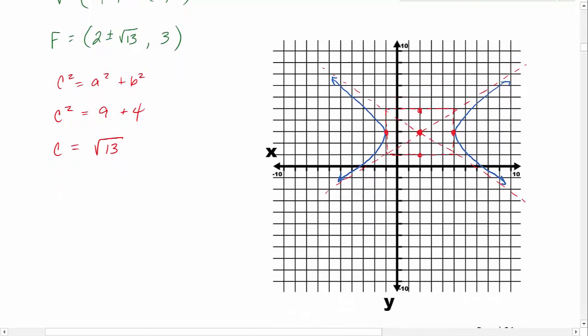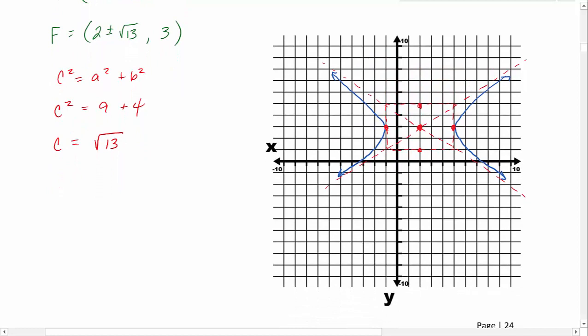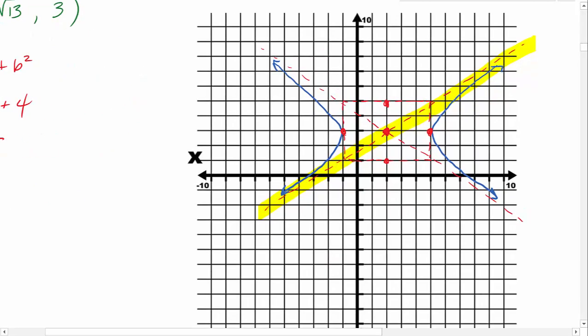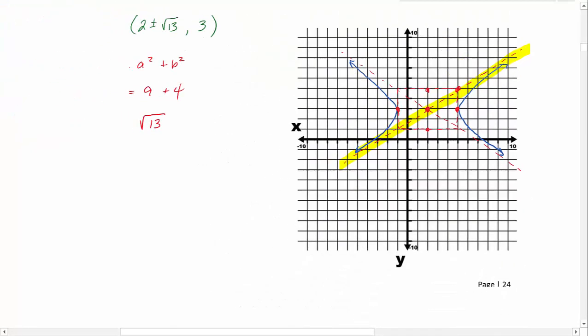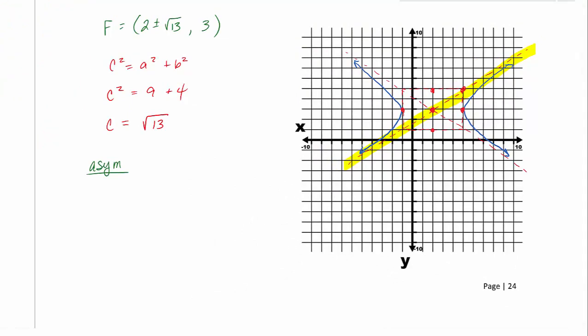Lastly, with the hyperbolas, we need to find the asymptotes. Starting with our positive asymptote, I'm going to check out the slope just by counting. From the center to the corner of the box here, we're going up 2 and to the right 3, so that tells us we have a slope of positive 2/3. And then I'm going to use the center point to write the equation of my line.